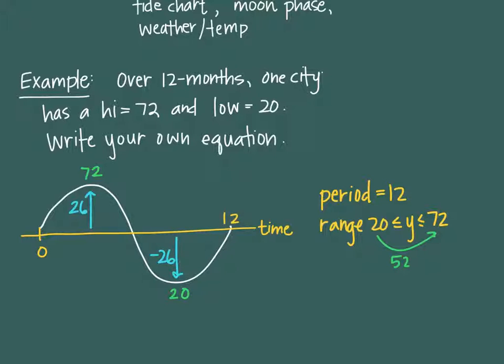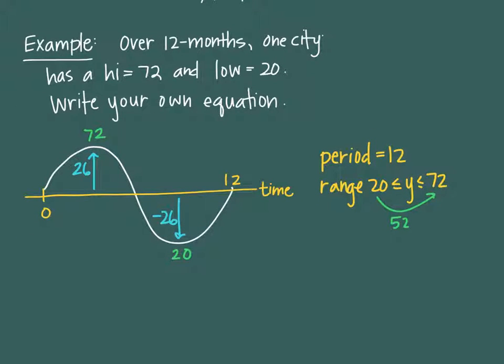So now you can write your own equation, because the equation is going to be y equals a for amplitude, sine, b for period, x, and then a d for the shift. So you should be able to plug in all the holes and write your own equation to work backwards. So we just figured out, using a little bit of logic but a little bit of math, that our amplitude is 26.